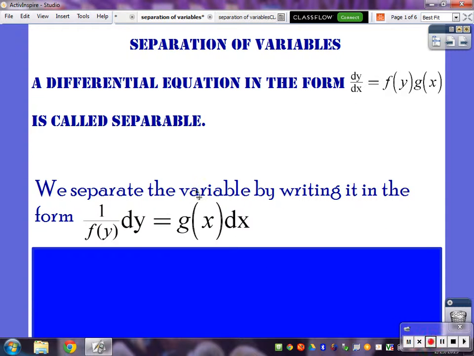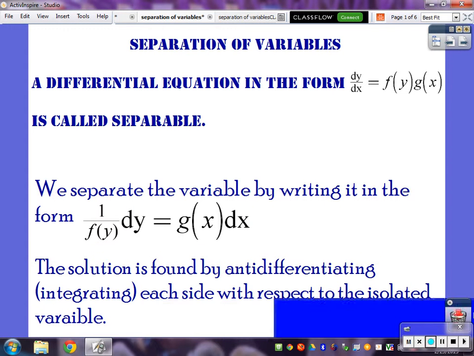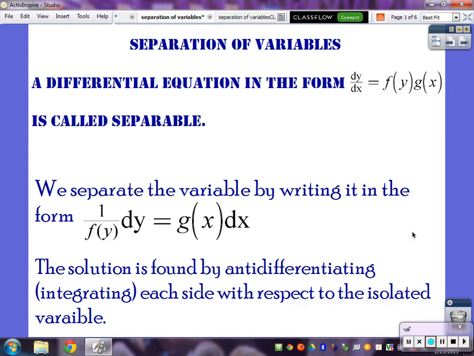When we separate the variables, we have 1 over f of y dy equals g of x dx. And because I have the same variables together on the left and the same variables together on the right, I can then integrate. We call that solving the differential equation.